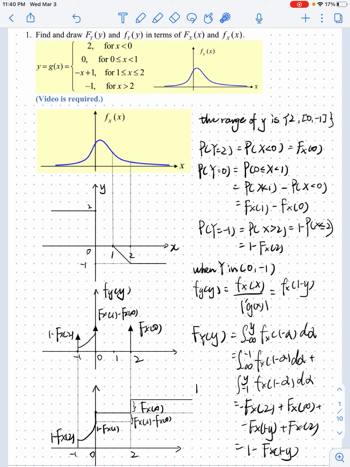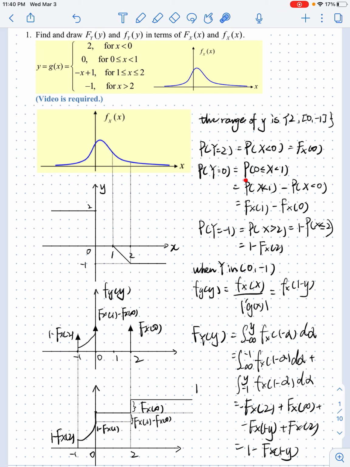From the relationship between y and x, we can know that when y is 2, x is smaller than 0. So the probability of y equal to 2 is the probability that x is smaller than 0, which is Fx(0). And then it is the same for y is 0.